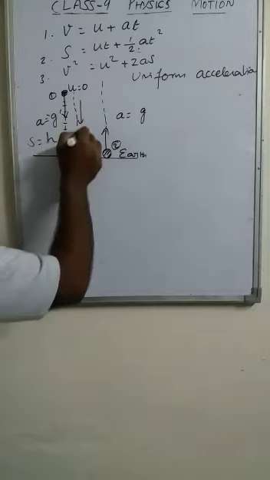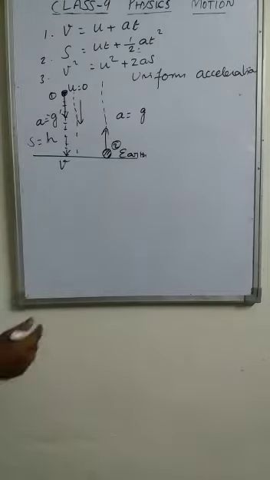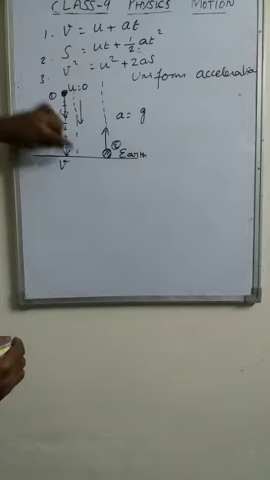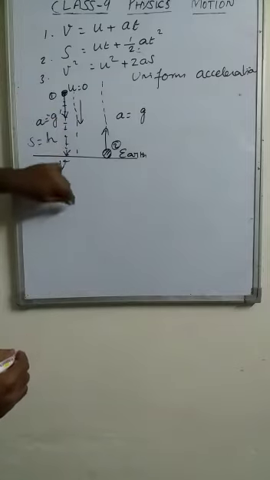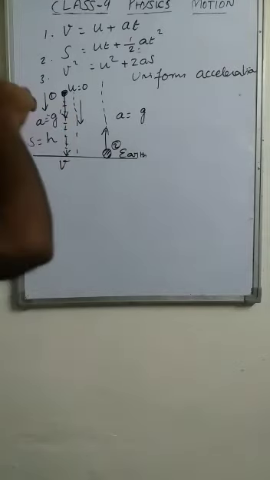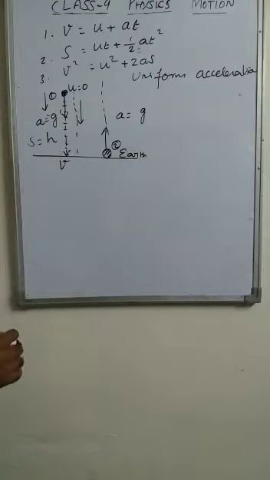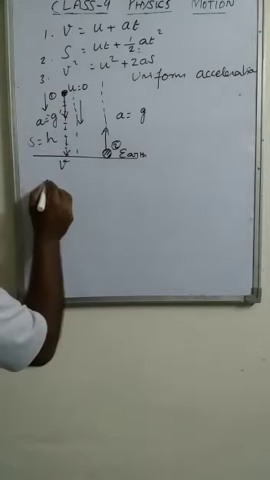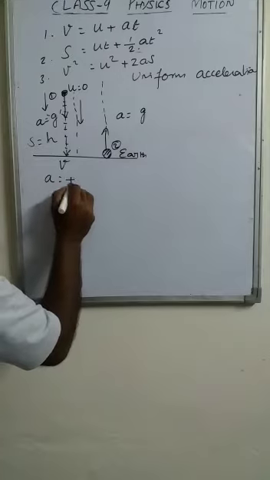The change in velocity takes place vertically downward, and acceleration is also vertically downward. Since both are in the same direction, here the acceleration is taken as positive.